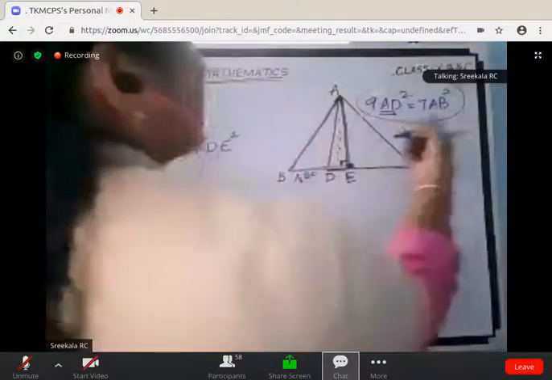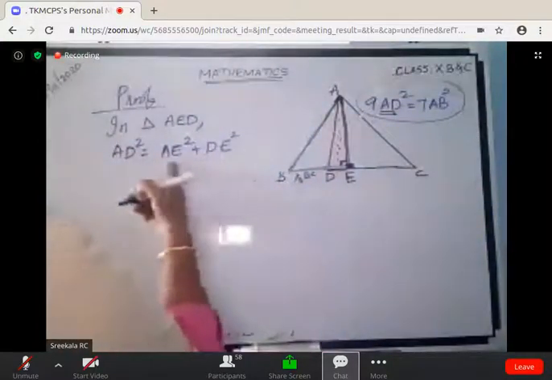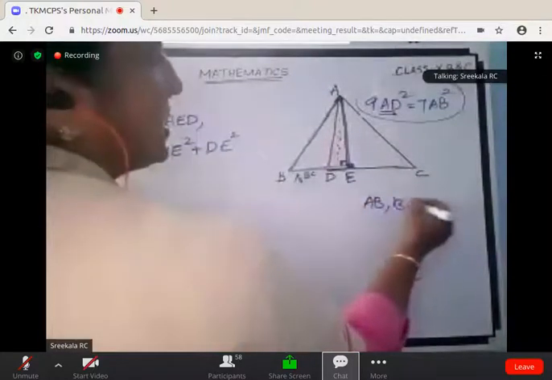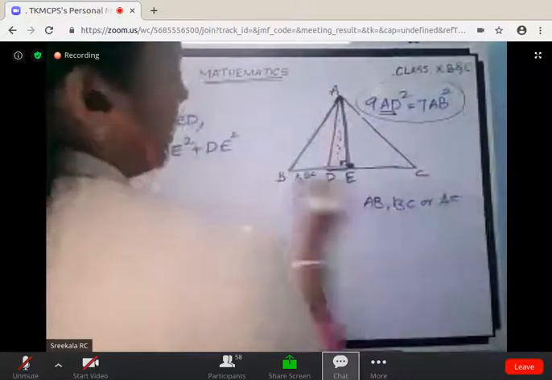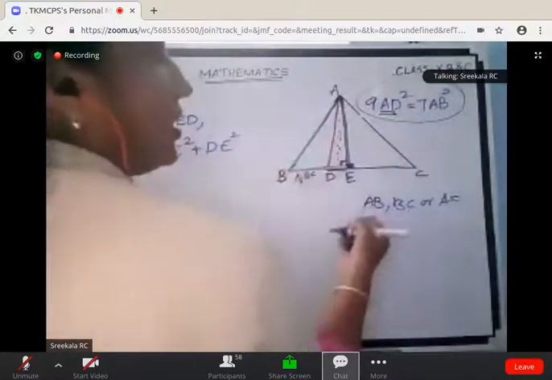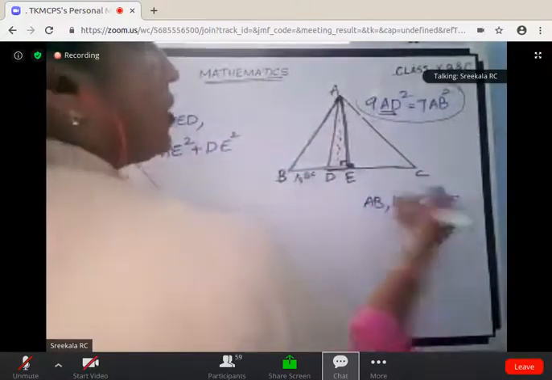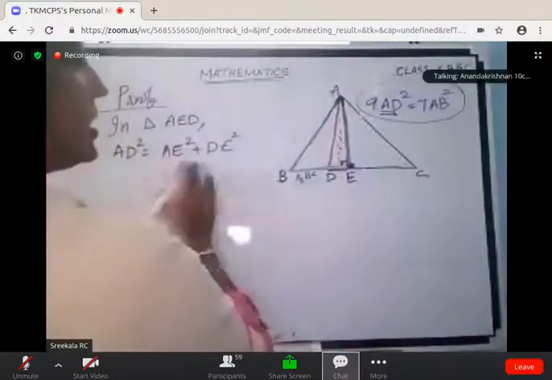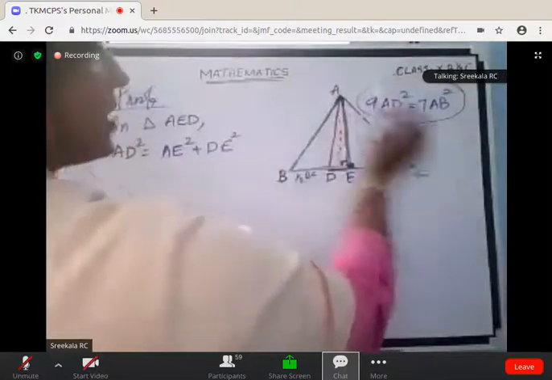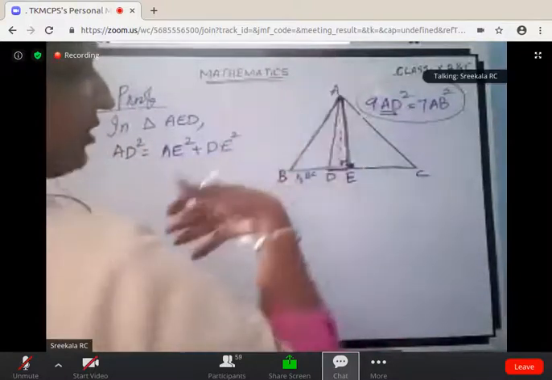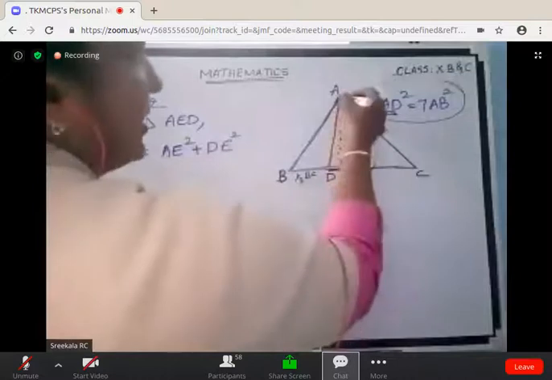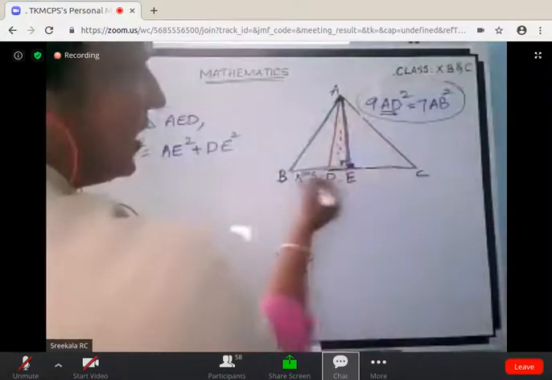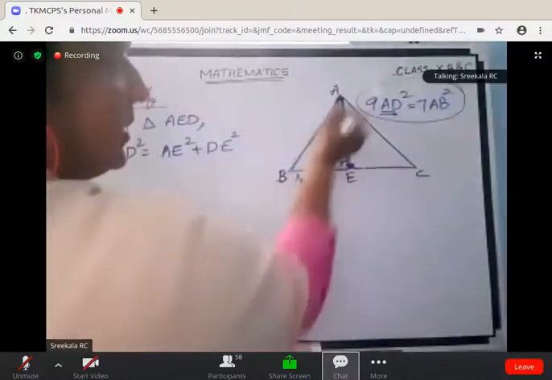After that, we have to convert this into AB, BC or AC because all sides are equal. That's our aim. Convert into outer sides. So AE square, consider this triangle AEB, this green one.